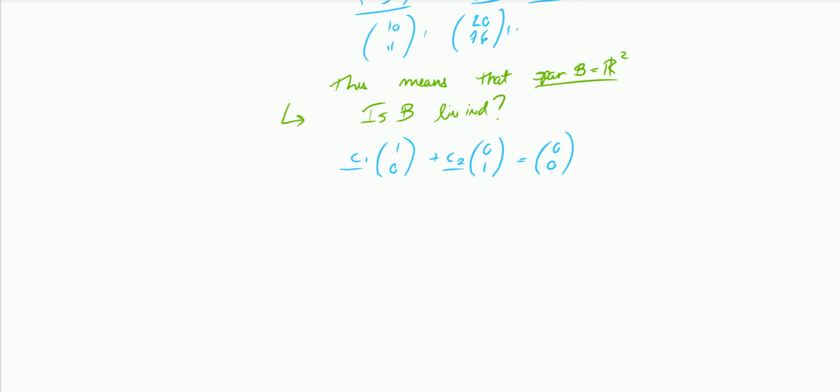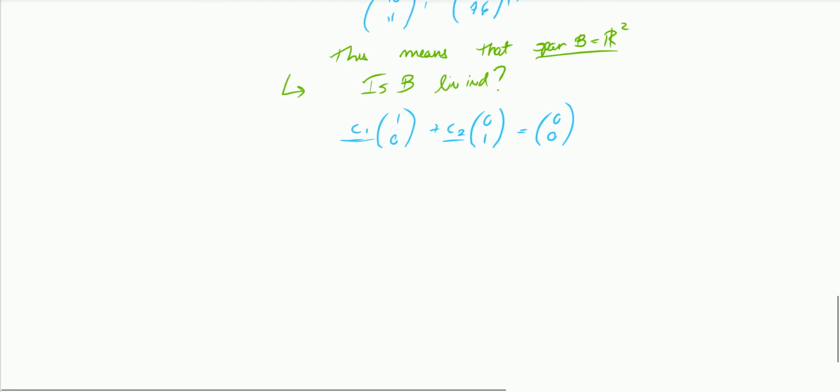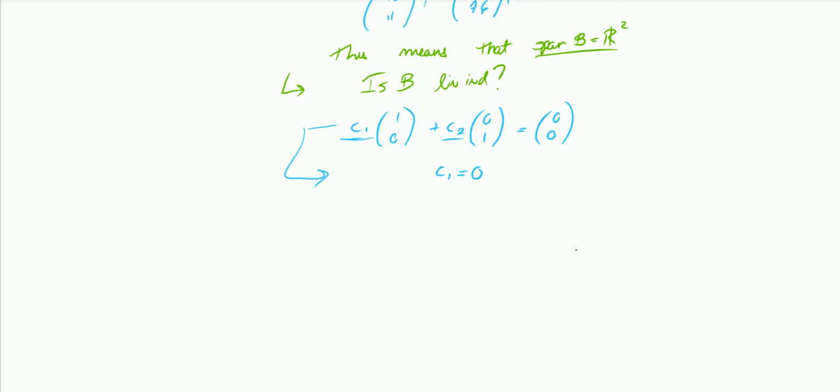So we want to see if c1 and c2 are both 0. Well, if we write out the system, we get straight away that c1 is 0 and c2 is 0. So this is the trivial solution.